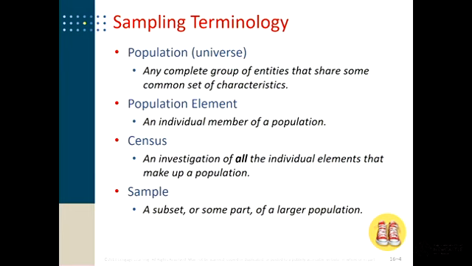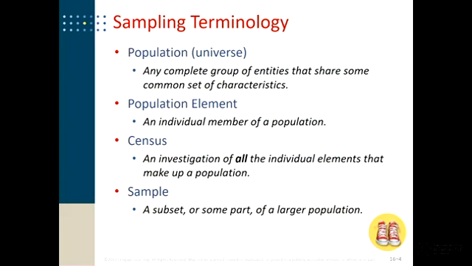For example, if we say that we will be surveying students of Newcastle University, then currently around 40,000 students are enrolled in Newcastle University. So population means all these 40,000 students. Now if we say that we will go for a sample of 500 students, it means that we will choose 500 students from these 40,000. So 500 students is a subset of the population. That is a sample, a subset of the entire population.